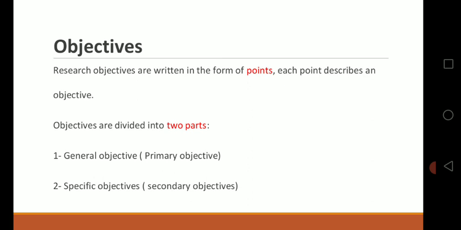طيب the objectives are divided into 2 parts. الobjectives ذاتهم are divided into 2 parts.